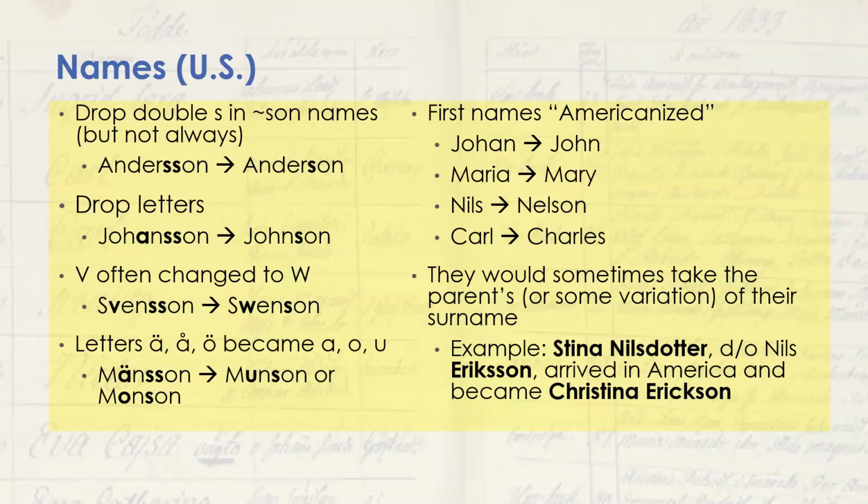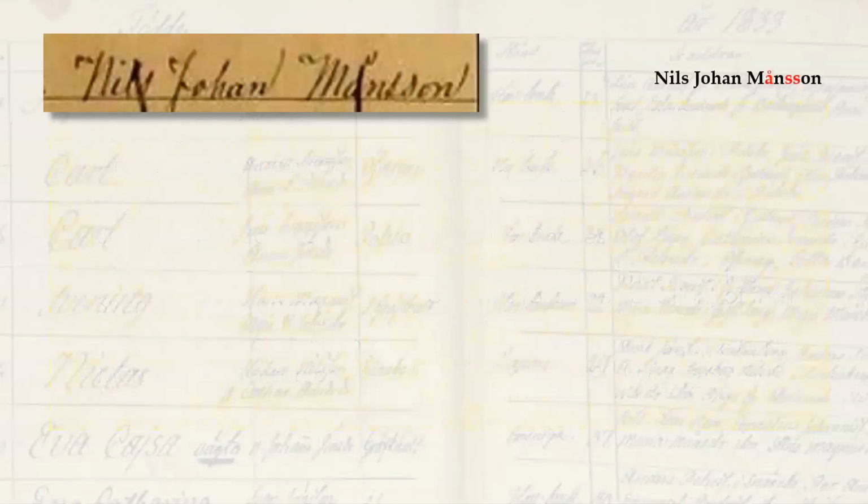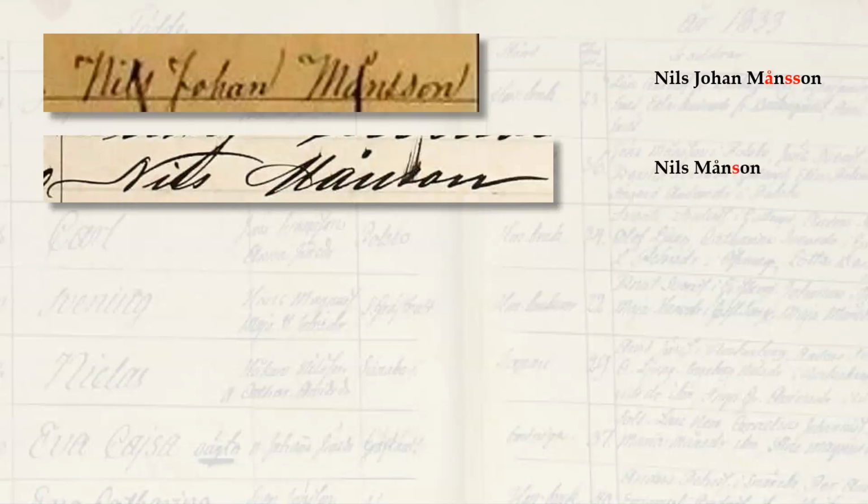Let's take a look at a few examples of what I found for my 2 times great-grandfather. In the Swedish records, I found my 2 times great-grandfather's name was listed as Nils Johan Munson, M-A with the overring, N-S-S-O-N. Next, in the Gothenburg passenger list, they only listed his first name and dropped 1 S altogether.